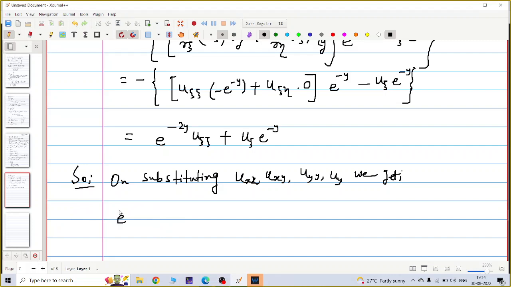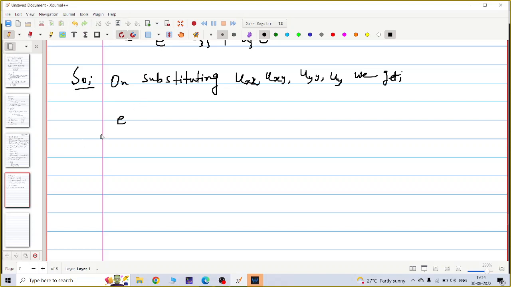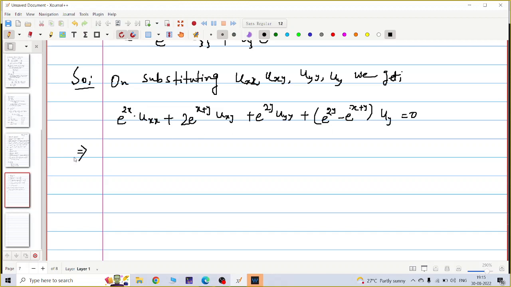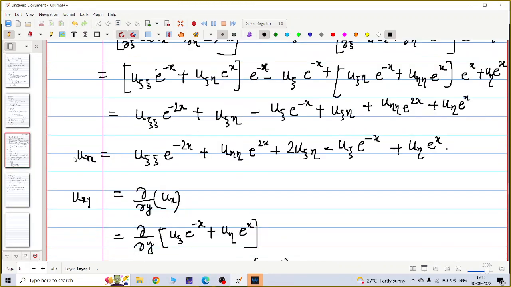It is a huge equation. e power 2x into uxx plus e power x plus y into uxy plus e power 2y uyy, e power minus 2y, e power 2y minus e power x plus y into uy equal to 0. Now I just replace what I got: uxx, uxy, uyy, uy.